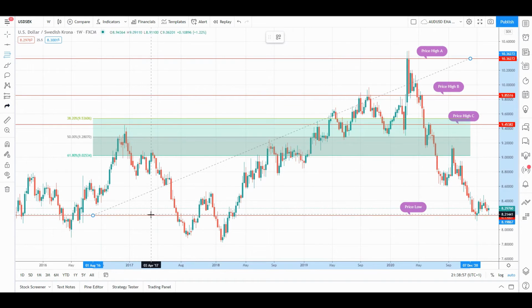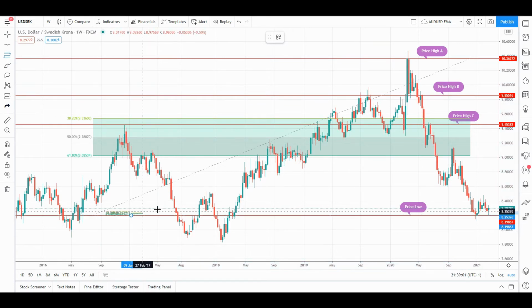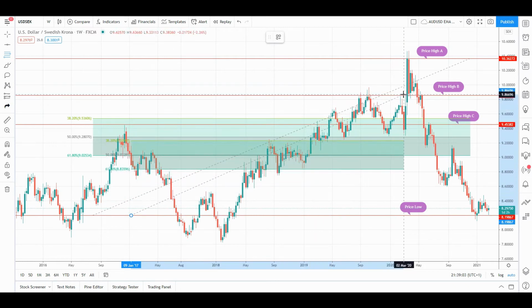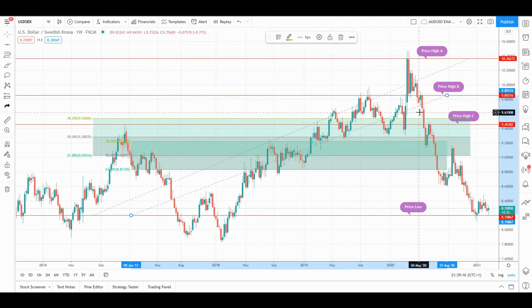So the market has actually respected at least one of those ratios in the past. If the market has respected one of those ratios in the past, it means your fib range from low to high is actually correct.